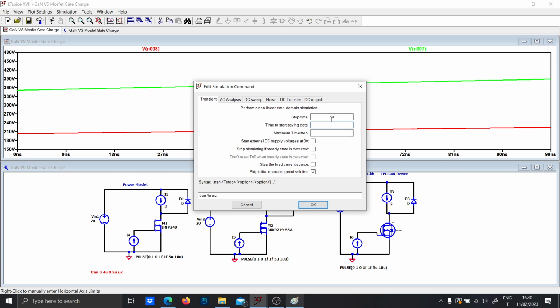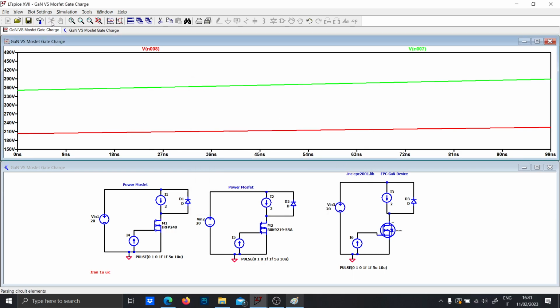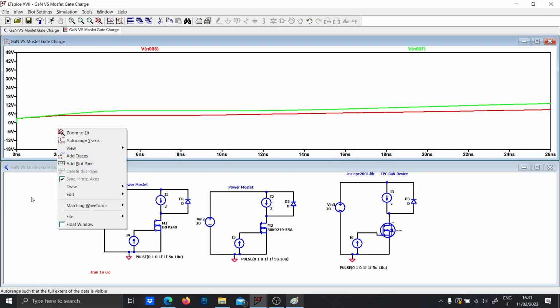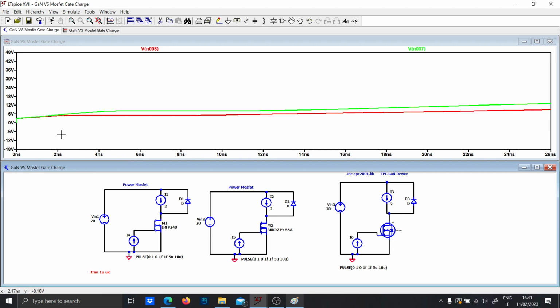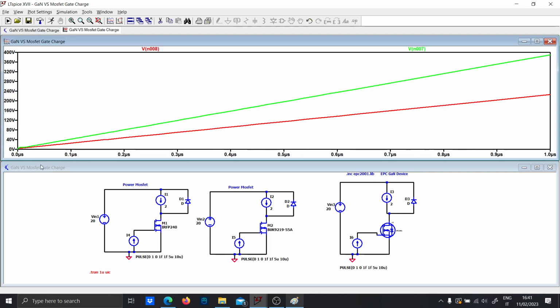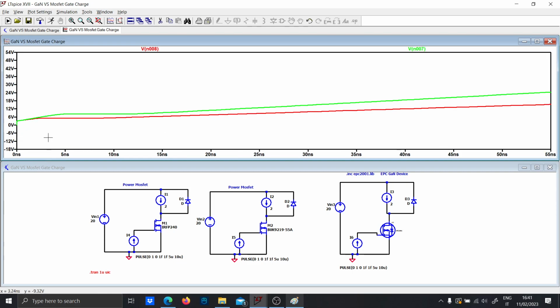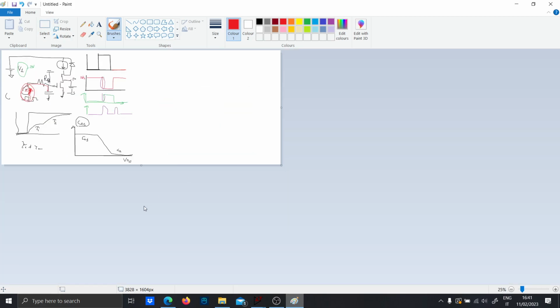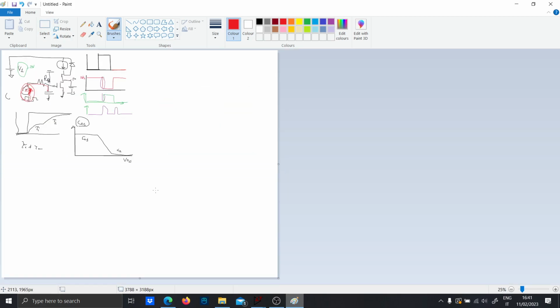Let's run the simulation just for 100 microseconds because this is very fast. The gate charge characteristic is characterized by a behavior which is basically like this.